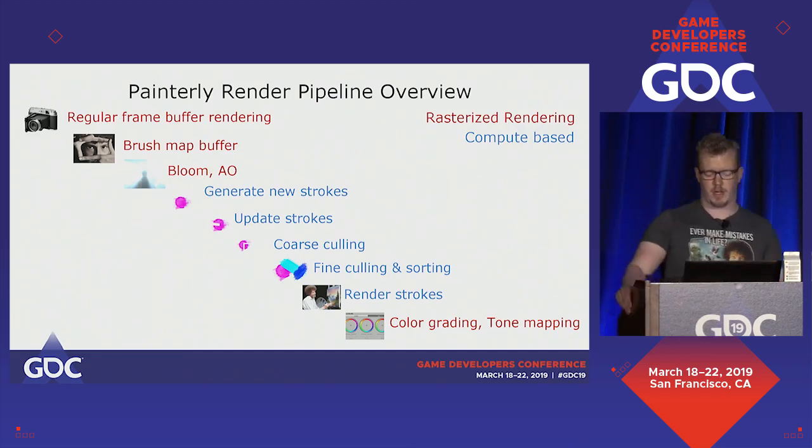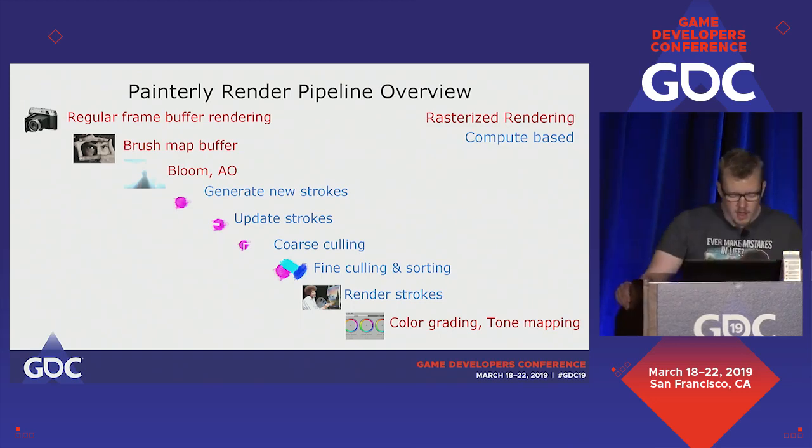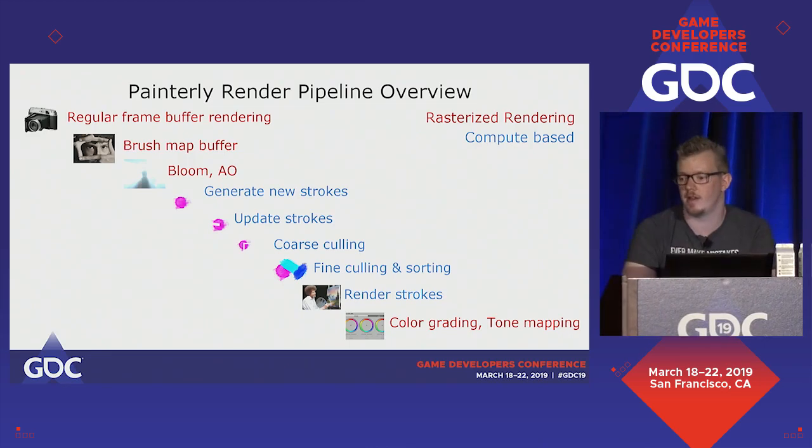Nope. So we generate new strokes. And after that, we update the strokes that are currently on the screen. Some of them are deleted and will die out. Then we end with culling and coarse culling.